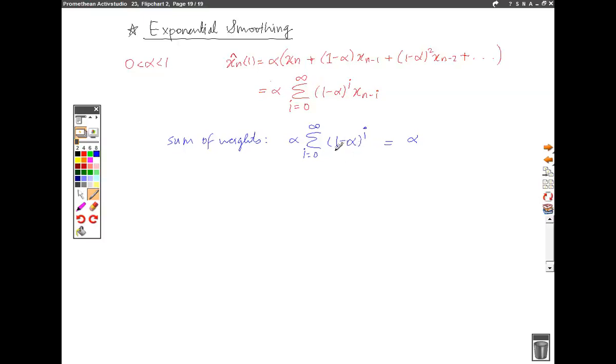Here my a is (1 minus alpha) raised to 0, and r is just 1 minus alpha. So what will I get? I have alpha, and that will just be 1 upon 1 minus 1 plus alpha. This is 1, right? So this is indeed a linear sum of weights, because they add up to 1, and it's a really nice exponential smoothing that you've got there.